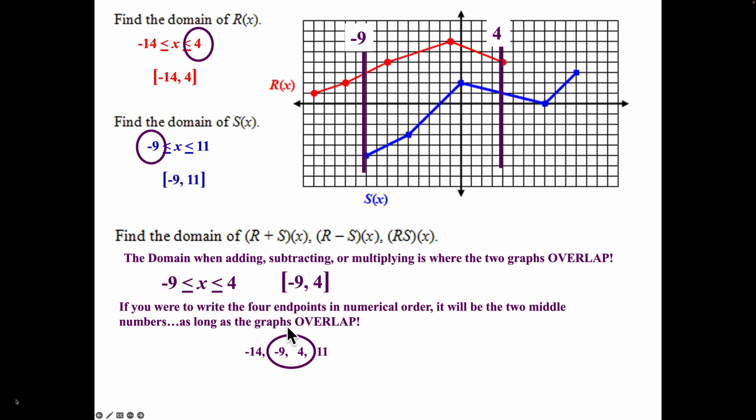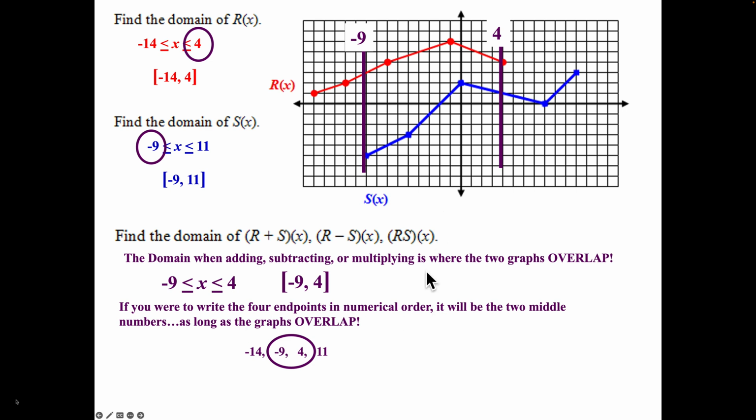What happens if you had negative 14 less than or equal to x less than or equal to 4, and then this one started out 9 less than or equal to x less than or equal to 11, and you got 4 and 9 here and nothing overlaps, you can't grab the 2 middle numbers. So they have to overlap in order for you to add these together. That's the domain.